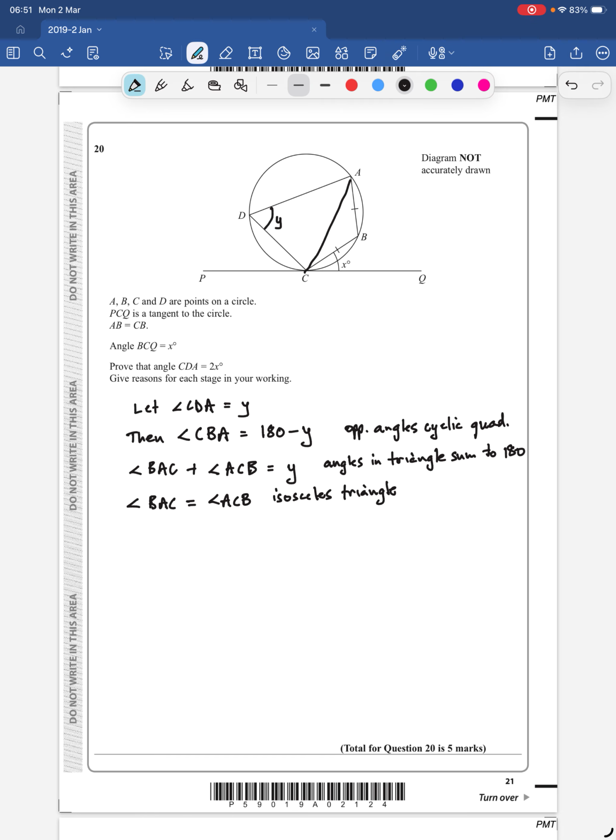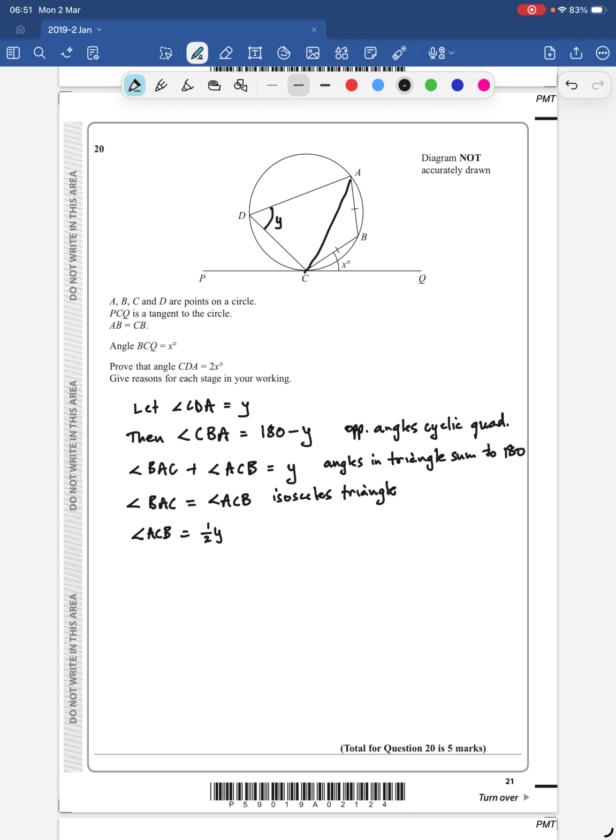And then that's enough for me to therefore say angle ACB equals a half y, or y over 2.